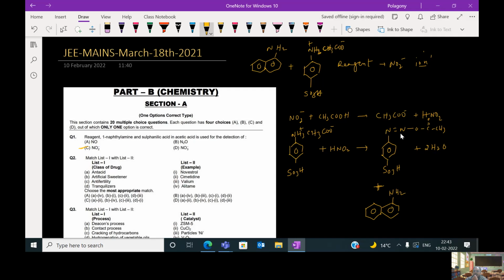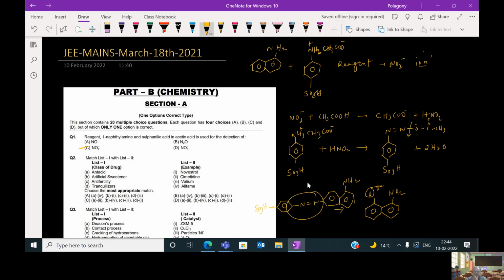There is a bond cleavage here; the hydrogen from the naphthalene group is taken by this negative ion. Here the azo group is connected, here is NH2, and here is the SO3H sulfonic group.